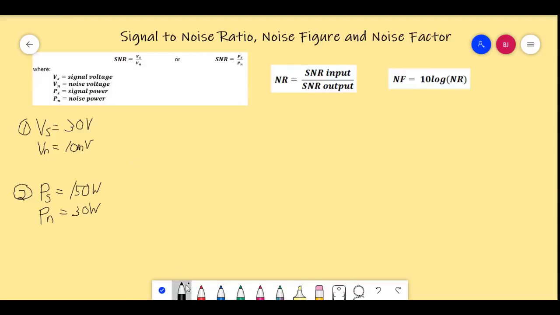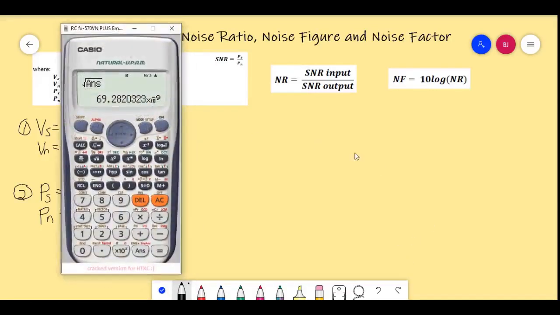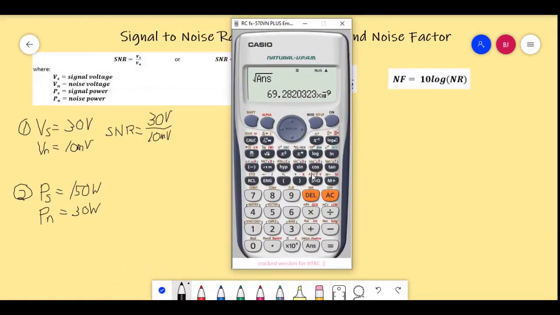So if we are to determine signal to noise ratio, SNR, we just directly divide our signal voltage, which is 30 volts, divided by our noise voltage of 10 millivolts. Let's have that. So we have the 30 volts divided by 10 milli.